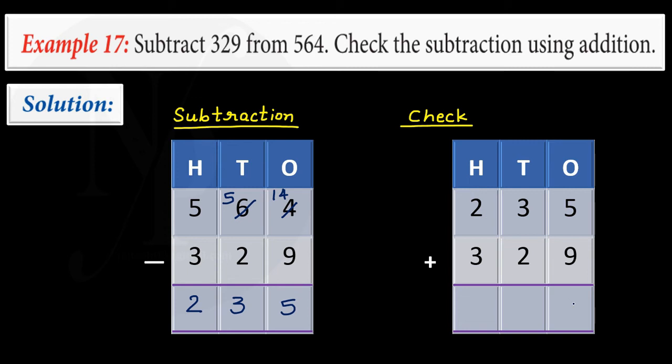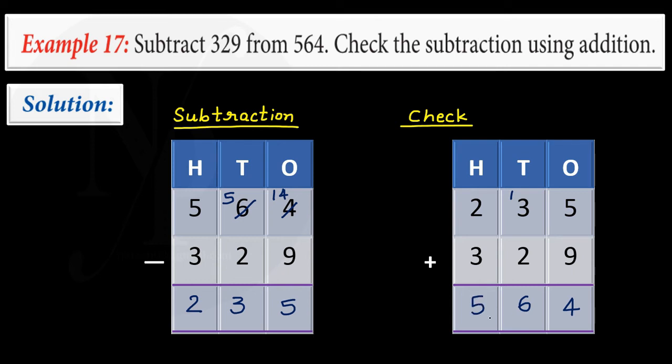So we write 4 here and 1 is carried forward. 1 ten is carried forward. So now we add these numbers. 1 plus 3 is 4. 4 plus 2 is 6. 6 tens. And now we add 2 and 3. 2 plus 3 is 5.